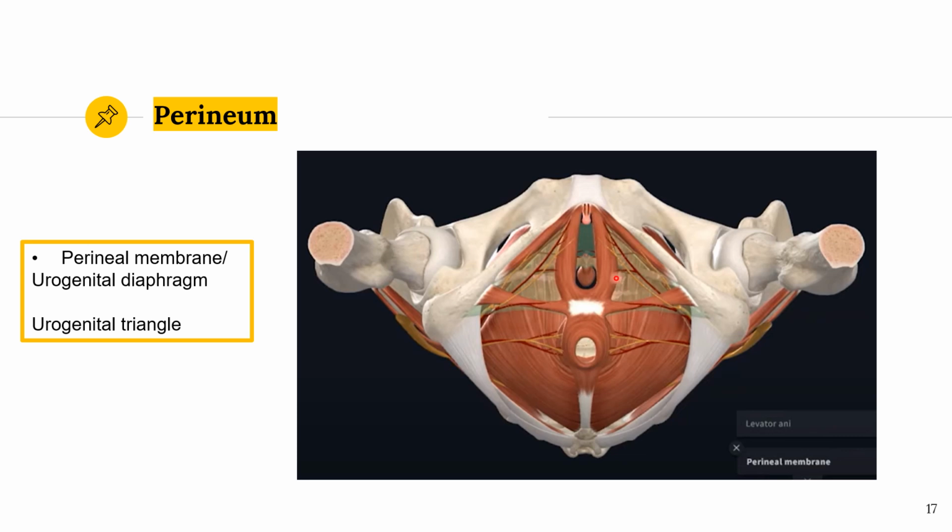It is a triangular sheet of dense fibromuscular tissue and is sometimes also referred to as the urogenital diaphragm or urogenital triangle. I hope you can appreciate this rather translucent structure in this diagram. The perineal membrane also provides support to the distal vagina and urethra as they pass through it.